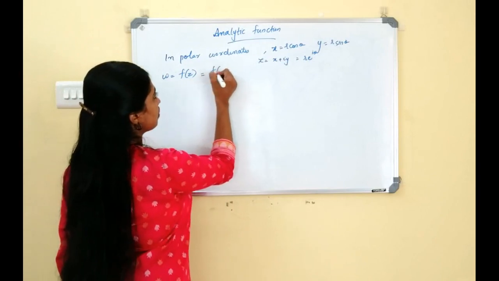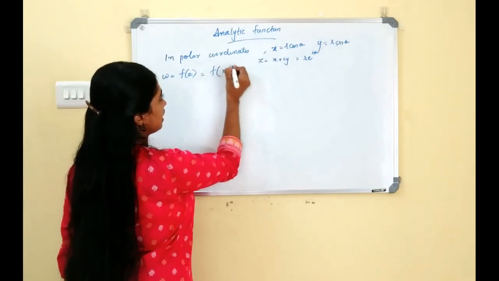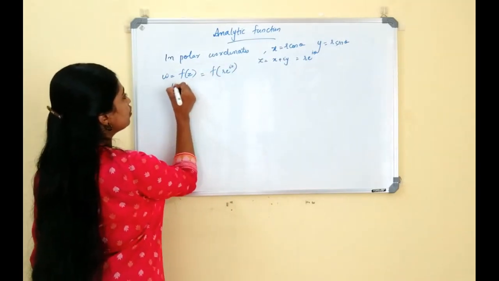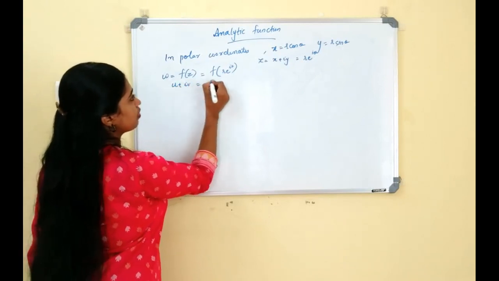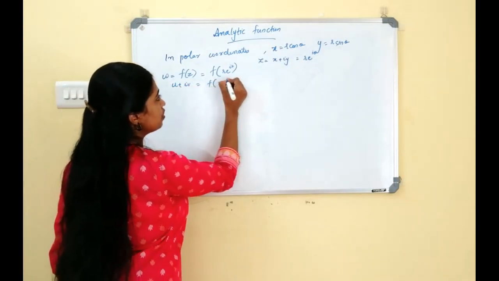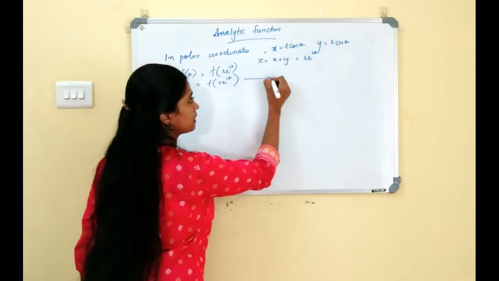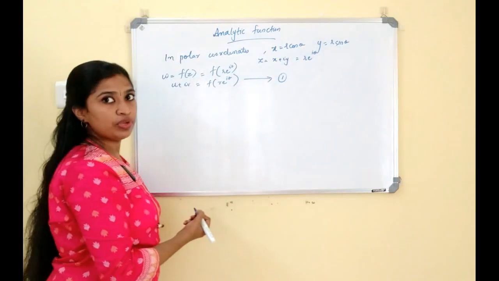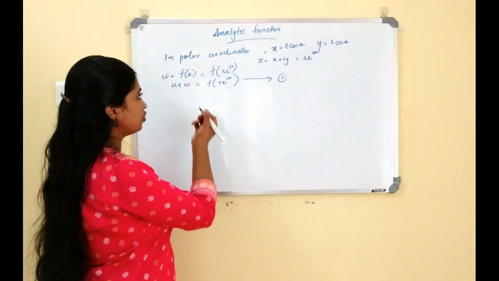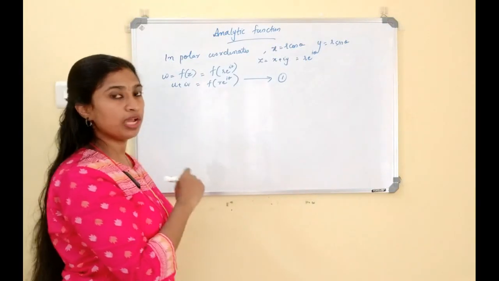It is a function of r e raised to i theta. Actually, w is equal to u plus iv, which is equal to f of r e raised to i theta. You can represent this as equation 1. So we are trying to obtain the CR equation in terms of polar coordinates.